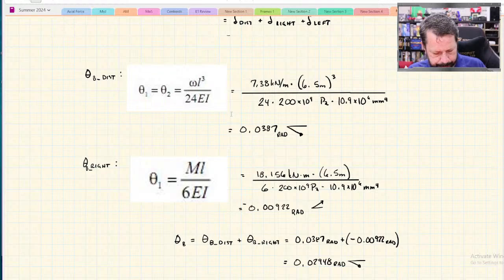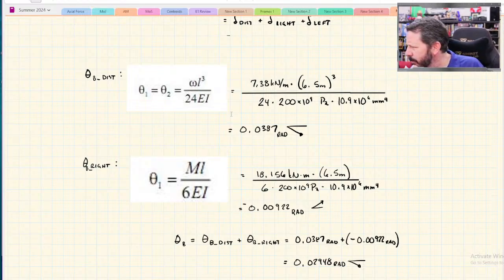So let me see. ML over 6EI. Okay. I got the same number again. I did them in newtons.